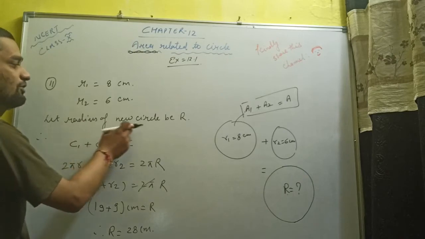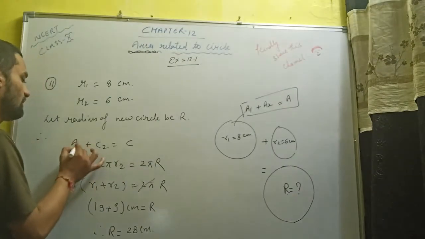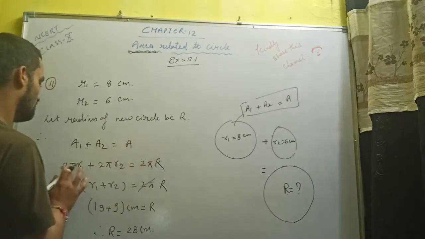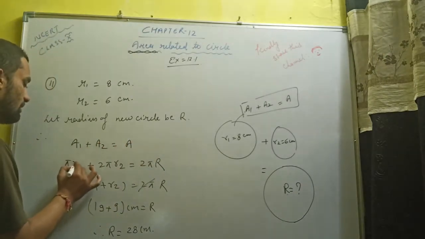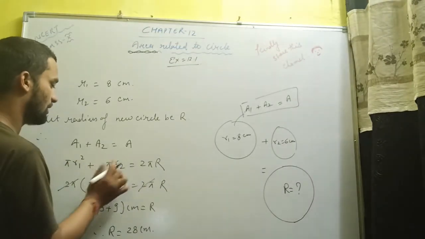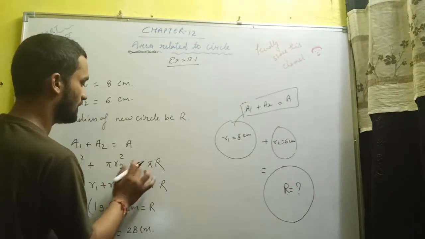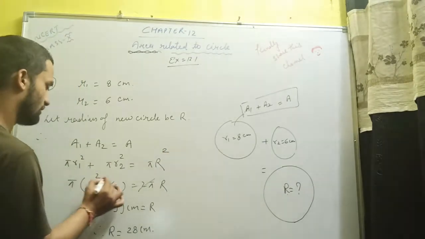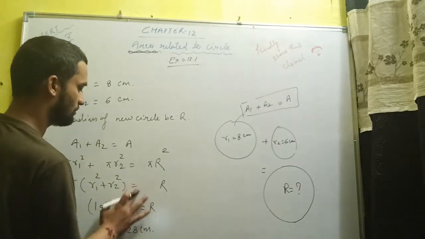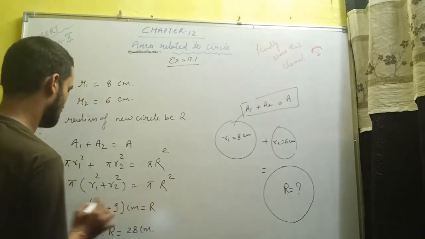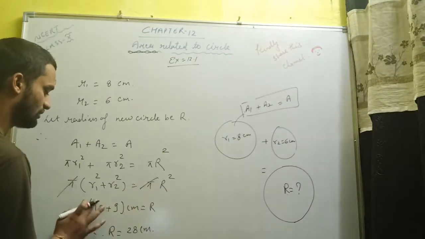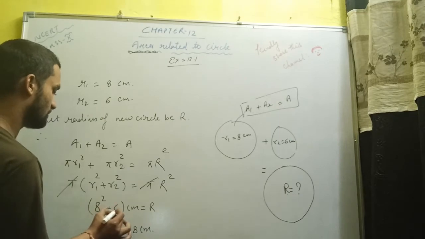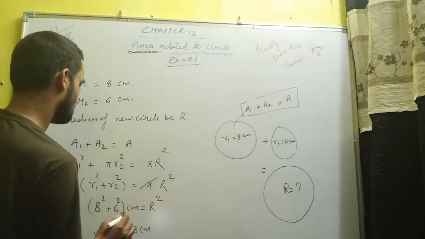Let the radius of the new circle be R. So A1 plus A2 must be equal to A. Area of the circle: pi R1 square plus pi R2 square is equal to pi R square. Pi can be taken as common, so R1 square plus R2 square must be equal to R square. Pi will cancel out. Value of R1 square means 8 square plus 6 square is equal to R square.